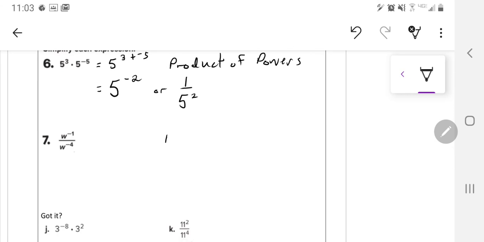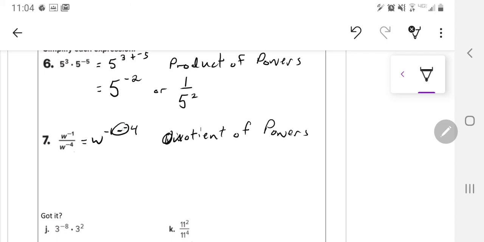Ooh, so we have the division, quotient of powers property. Quotient of powers property says we keep the base and we subtract the exponents. Ooh, this is going to be tricky. Negative 1 minus negative 4. Yes, you need the minus.